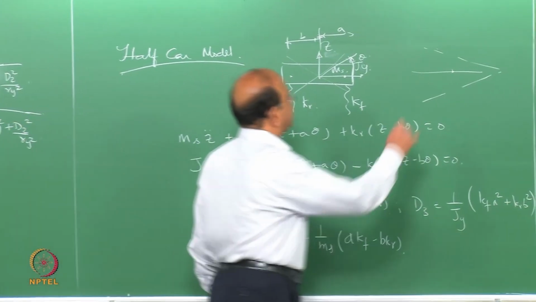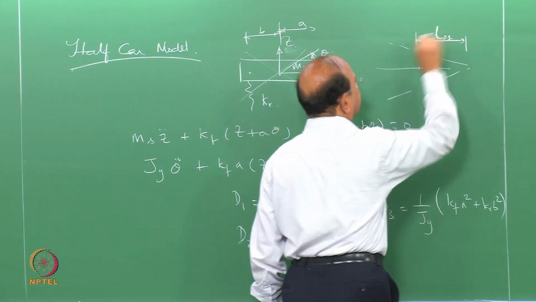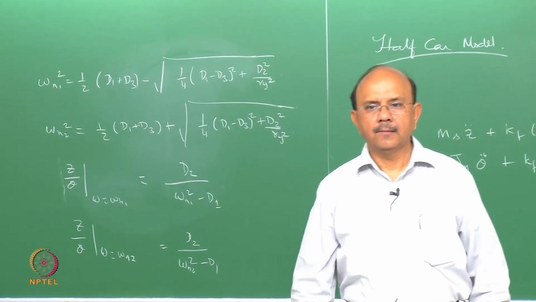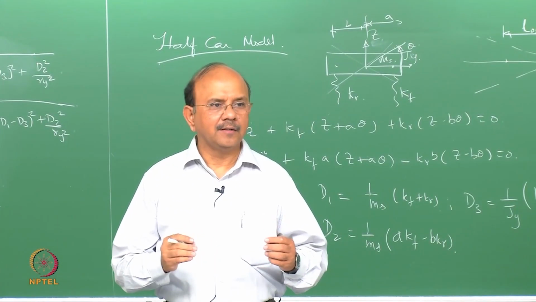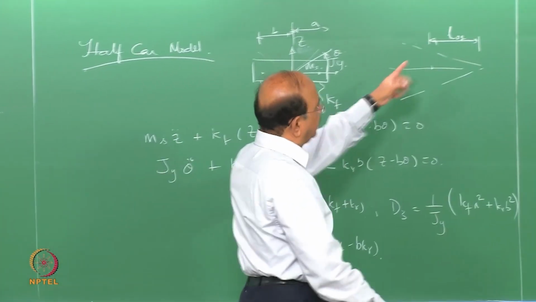Let us say that this distance is L01, as in Wong, the distance where we have what is called the node, where the point does not move. So the oscillation is about this. How do I find out this point?